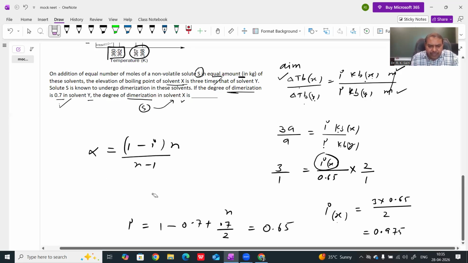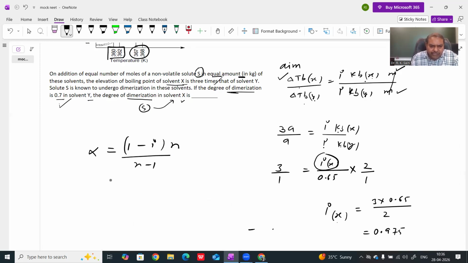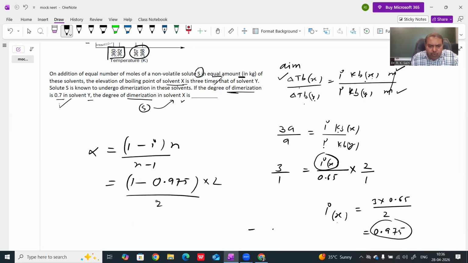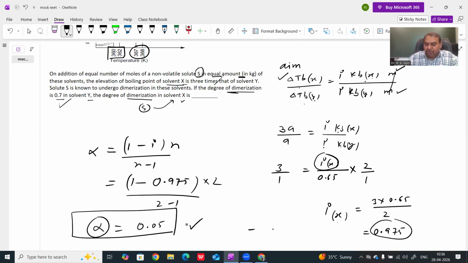Therefore, alpha in case of solvent X is (1 minus i), we find i is 0.975, into 2 upon 2 minus 1, and hence 0.05. 0.05 is the answer of alpha in solvent X. It is the answer of alpha.